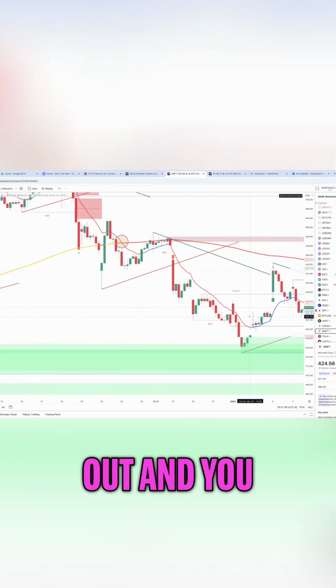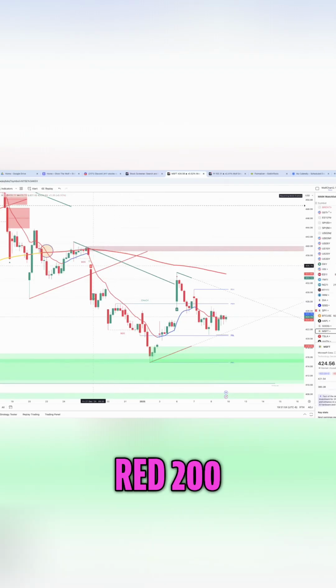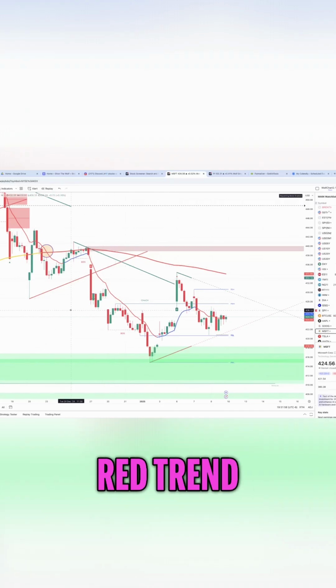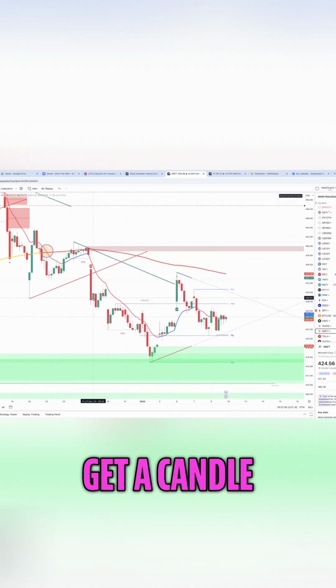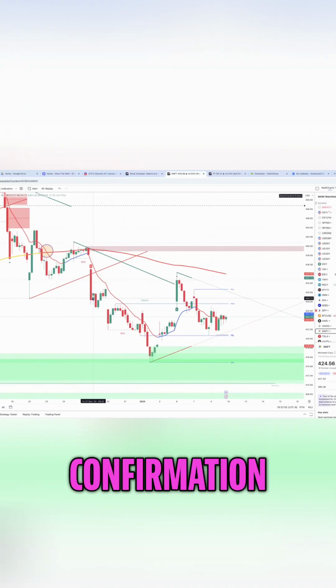So if you zoom out and look at what we were looking for with puts, you're looking for all red: red sales on, red 200, red 12, and you want to be under your red trend line. And then once you get a candle that shows weakness under the trend line and the 12, that's your confirmation for puts.